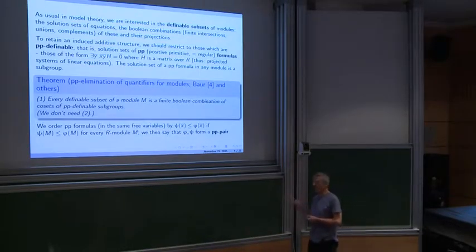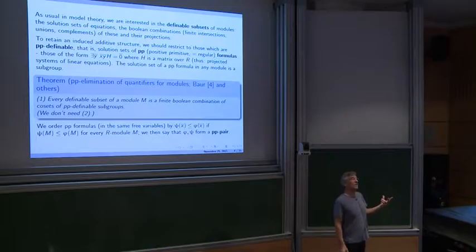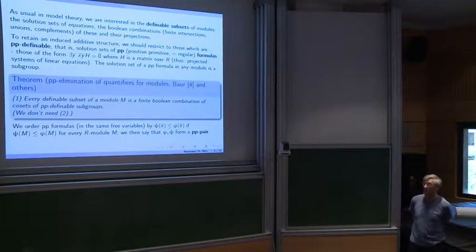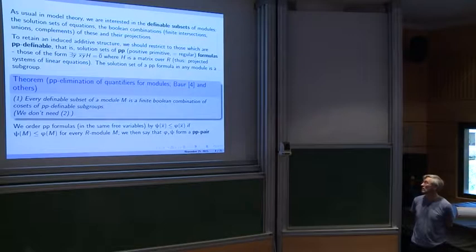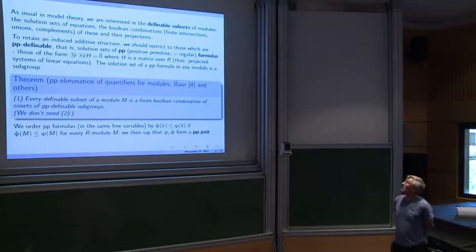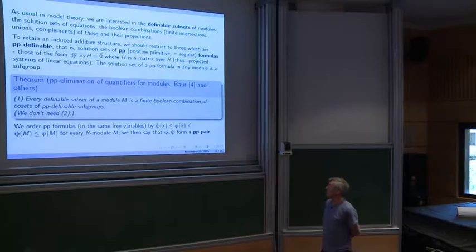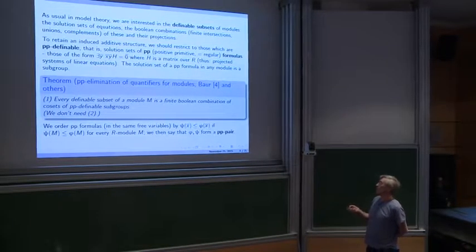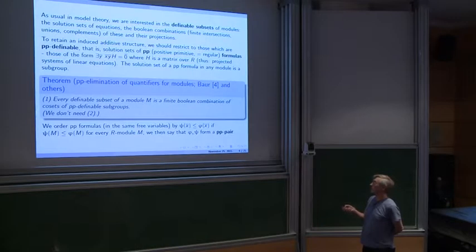We should also allow ourselves inhomogeneous systems, so allow parameters from a module to appear, so then it's actually cosets of such PP-definable subgroups that are our basic definable sets. The result says more, as I've indicated, but this is the part we really just need.